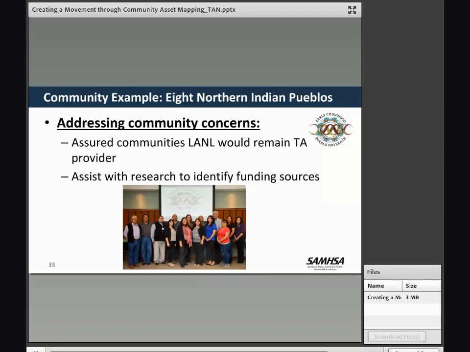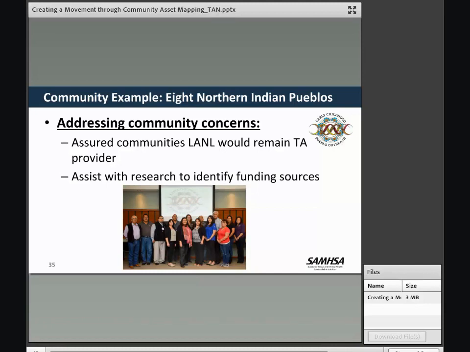And so with Eight Northern Pueblos, again just to show you, they had the Llano Foundation stay on as a TA provider for them, and they've had some assistance with research to identify funding sources to implement.